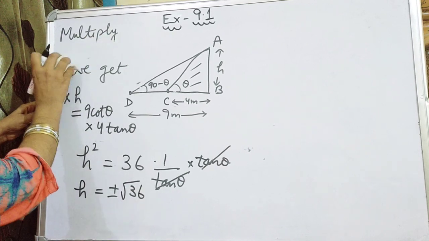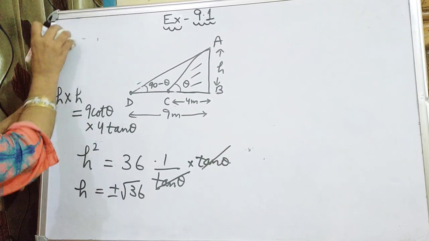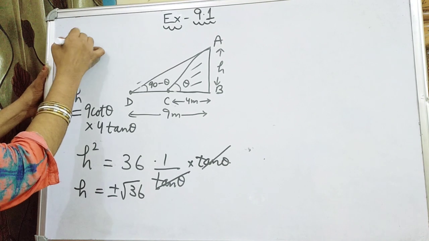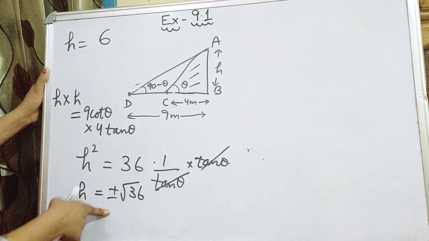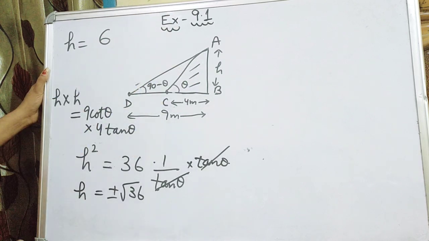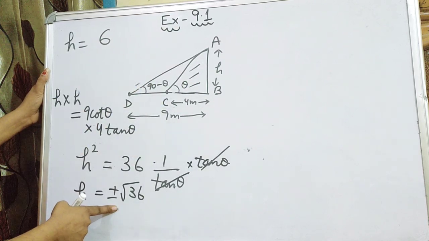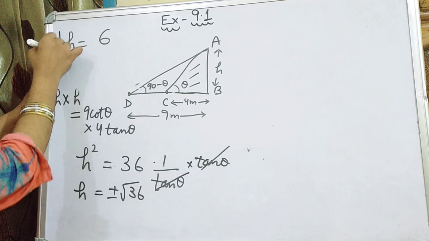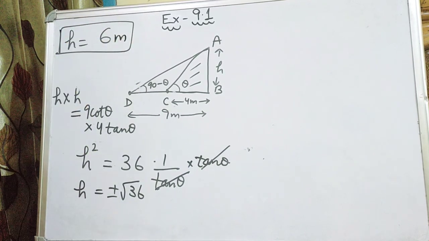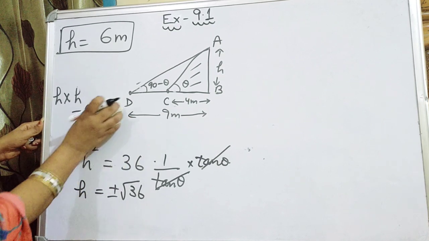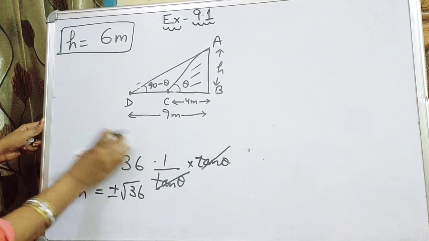The value of root 36 is 6. So h is equal to 6, and I can neglect the minus because it is the height of a tower and height cannot be negative. So h is 6 meters. This is the required height of the tower, which we had to prove in the question.